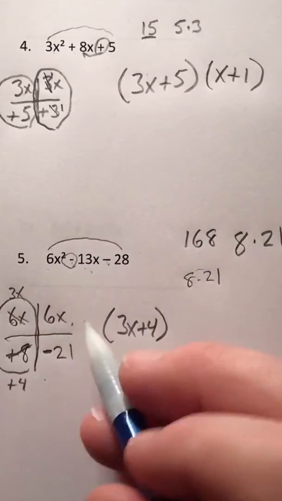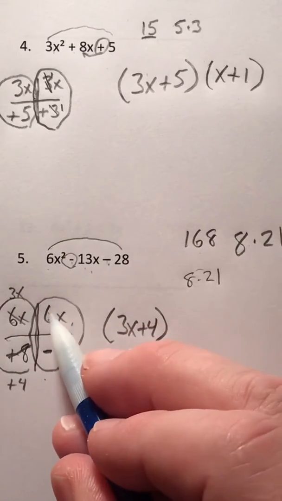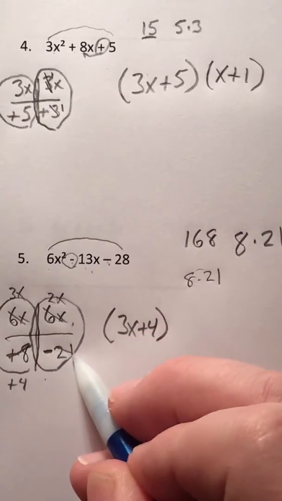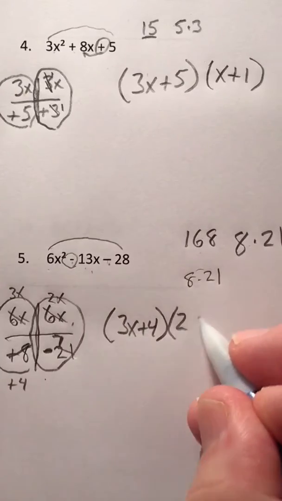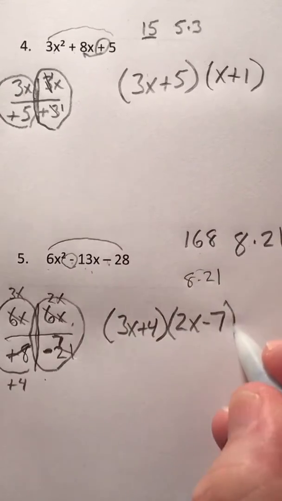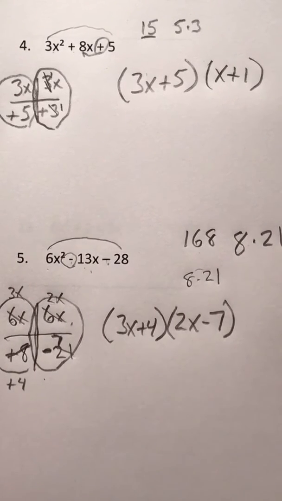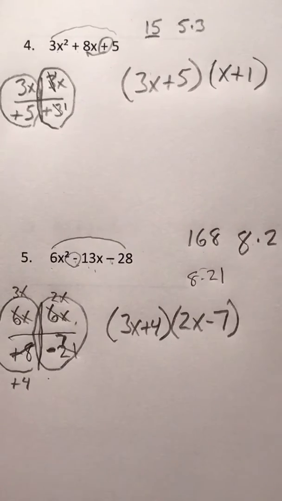Now that 6x minus 21, on the other side, they're both divisible by 3, so I divide by 3. This becomes a 2x, and this becomes a 7, minus 7. So I get 2x minus 7. And that is how we factor those out. So that was factoring them out with and without leading coefficients, which is going to be on the quiz.